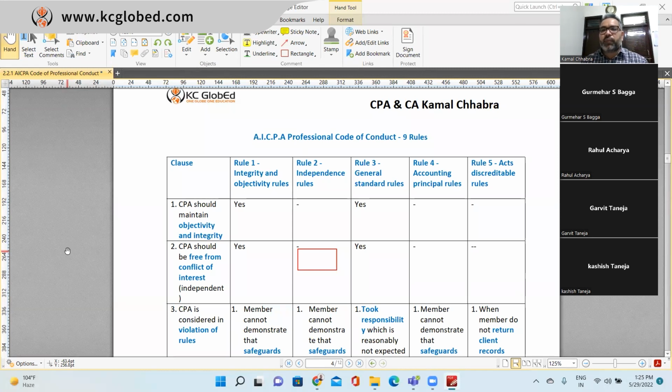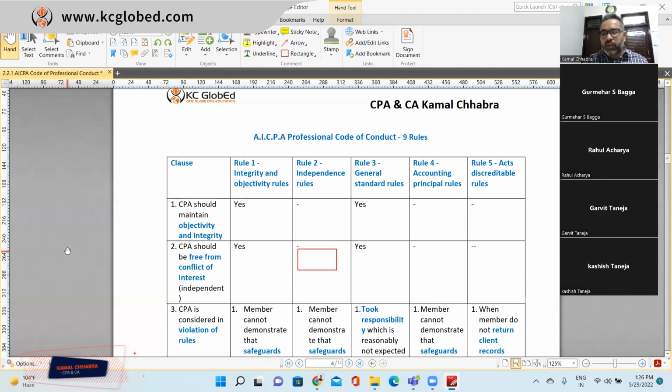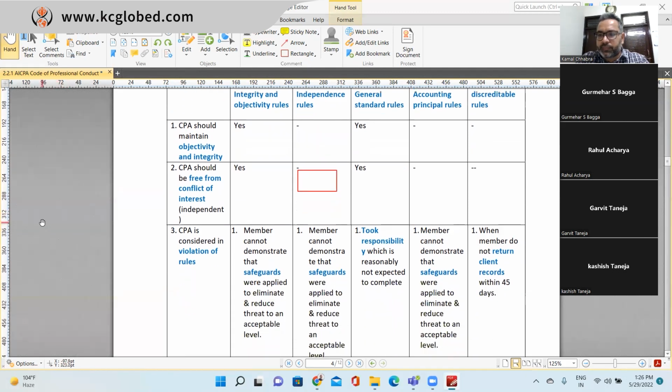To avoid that confusion, they have given certain illustrative examples. These are all CPA work papers. Other than that, minutes of meetings, for example shareholder meetings, agreements, purchase orders, sales orders, invoices, or the payroll register are all management documents, which you need to give back to the management within 45 days of completion of your audit. That is the reason the illustrations and examples are given here. Okay, got it.